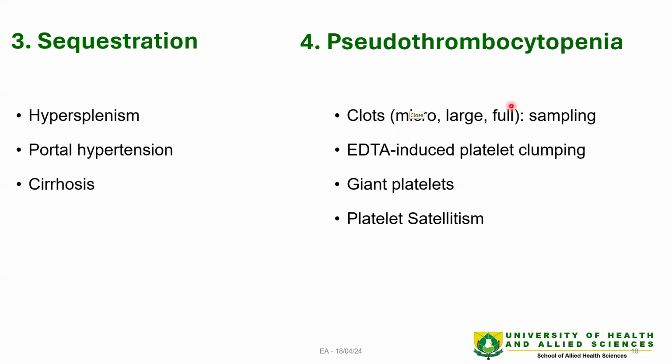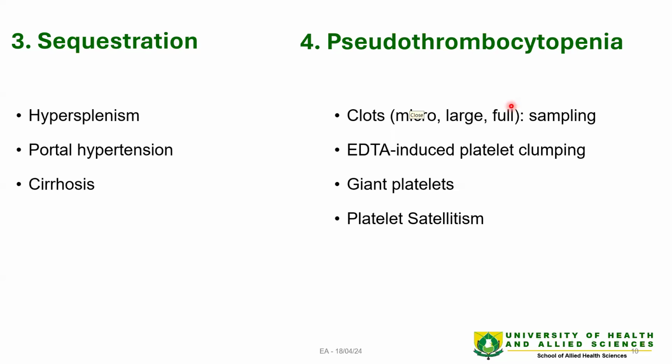So it's important to always also trace information from the patient's history. And at least that makes you convinced that the thrombocytopenia that you are getting from your analyzer is actually true and not that it's a false thrombocytopenia. Portal hypertension as well also leads to hypersplenism and causes a reduction in the circulating platelets.